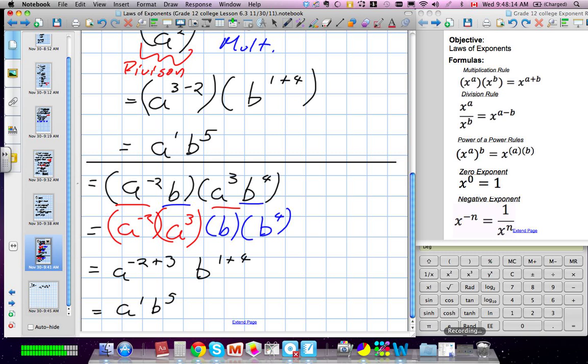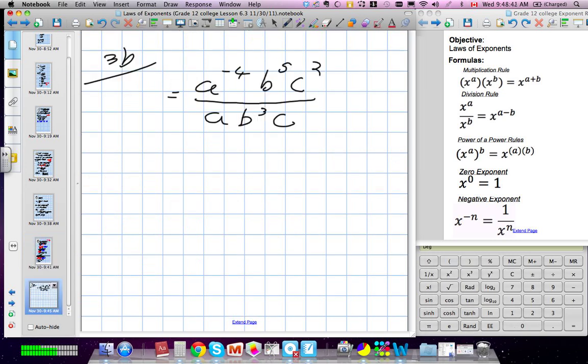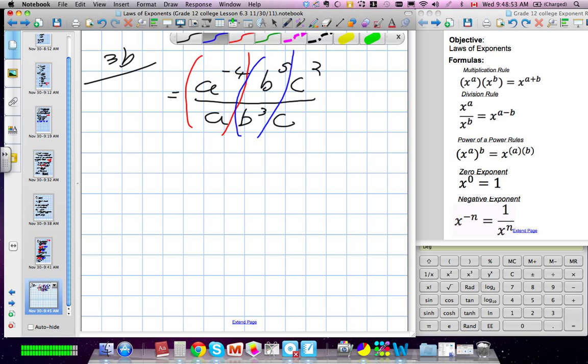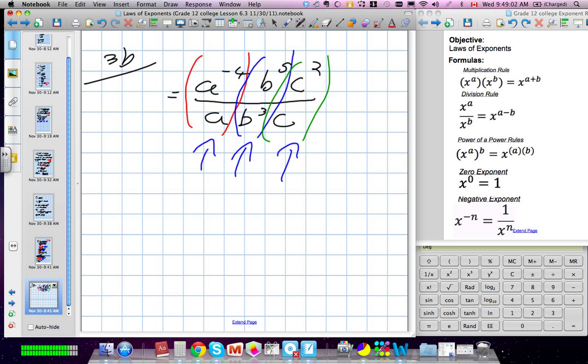Next question. If you guys notice, we have a's above each other, b's above each other. What's the last one, Kieran? C's above each other. So I'm going to use the division rule for all of these 3 pairings. Now technically they are multiplied by each other.